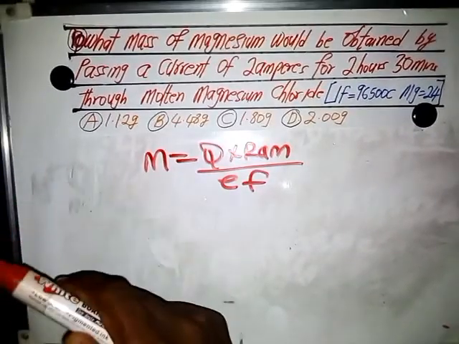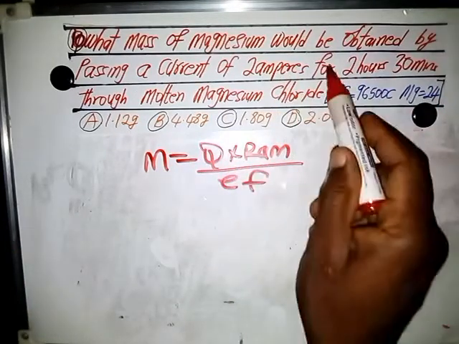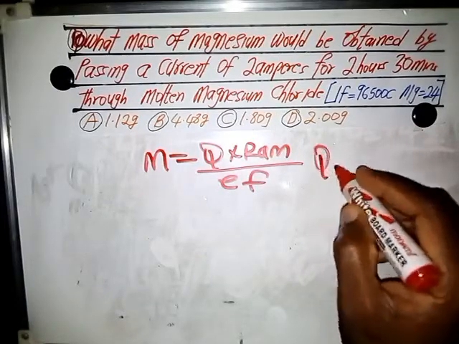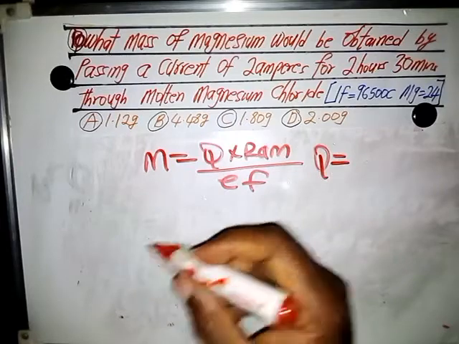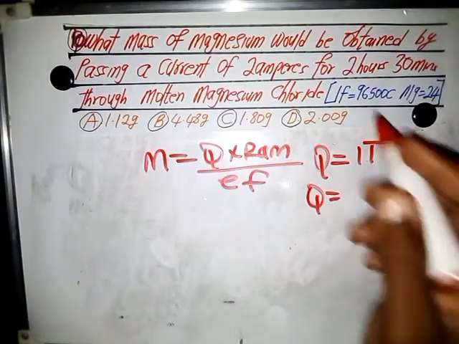But we're not given Q. Instead, we're given time and current, so Q equals IT.